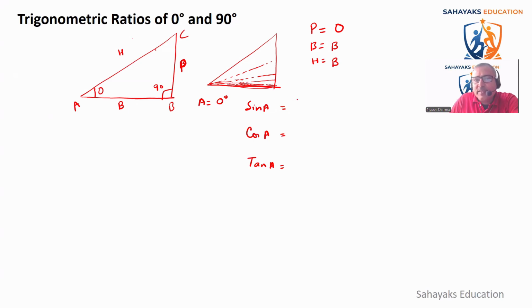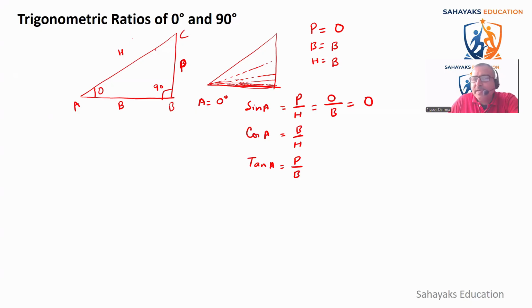Sin A is perpendicular by hypotenuse. Cos A is base by hypotenuse. Tan A is perpendicular by base. Now, what is the perpendicular? 0. What is the base? If I consider it as B, what is the value? 0 by B. It will be 0. Cos A.